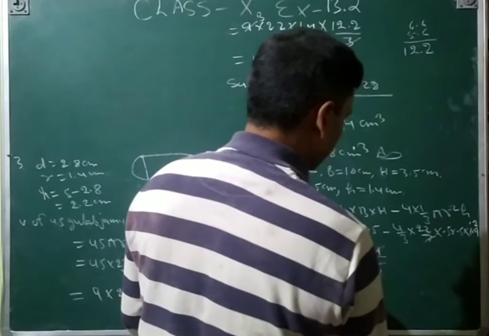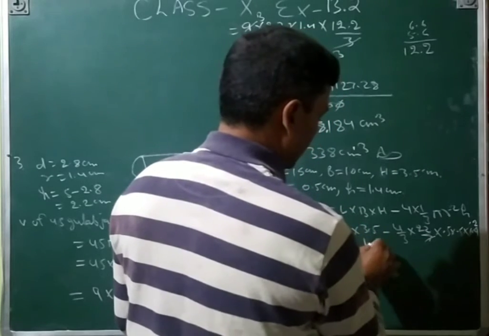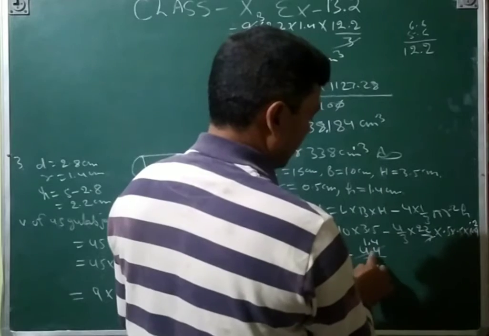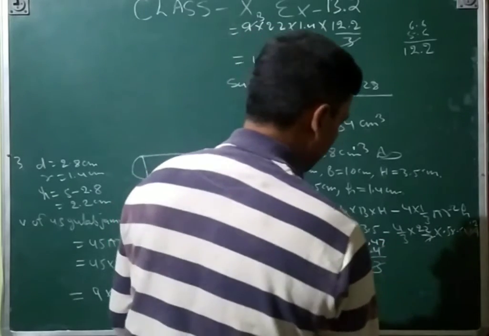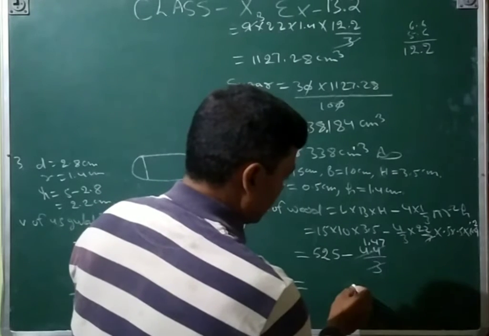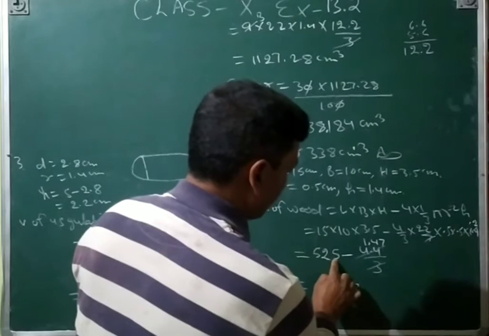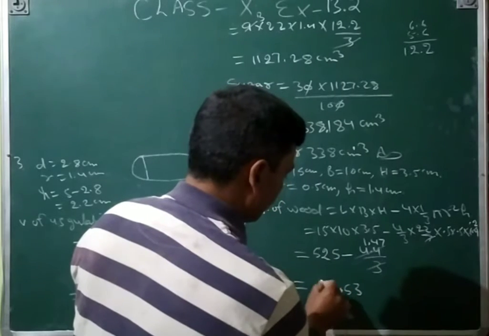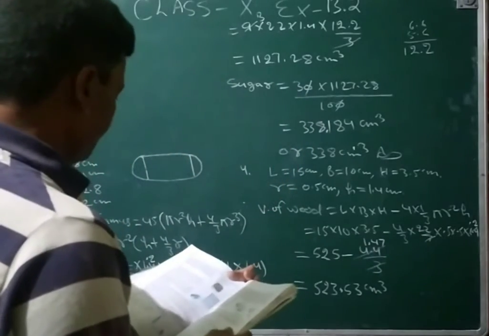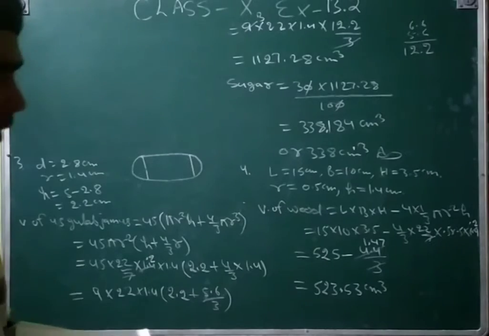By cancelling, 3 ones are 3, and then 3 fours are 12 and 2 3 7. By subtraction, 10 less 7 is 3, 9 less 5 is 4, and then 4 less 1 is 3. So 523.5 centimeter cube is left.